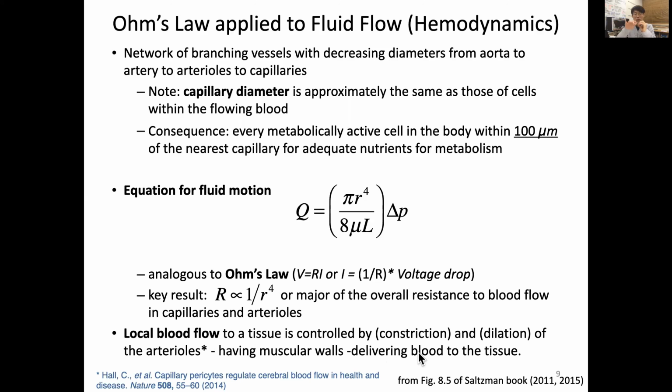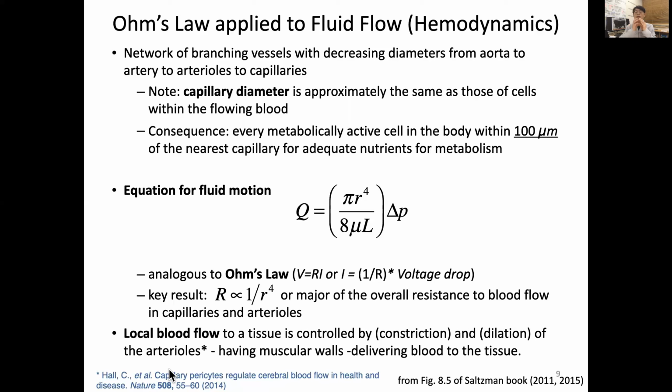so that they can deliver blood to the adequate place. I put an asterisk here, and the reason is people are arguing about whether the arteriole is the final controller of our blood flow. For example, David Attwell's group from University College London published a Nature paper in 2014, titled Capillary Pericytes Regulate Cerebral Blood Flow in Health and Disease.